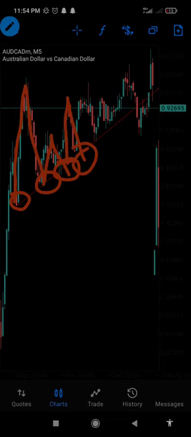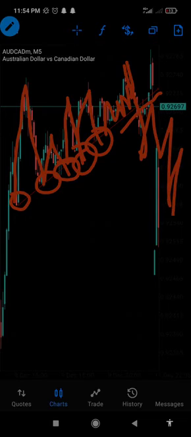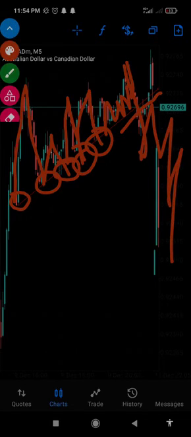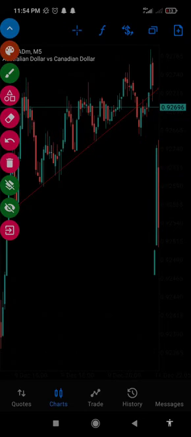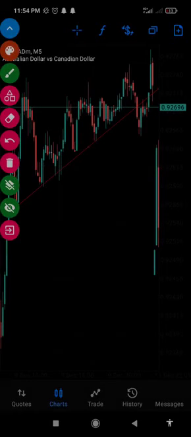Then it rallied here. Then what happened here? It breaks it. So in your mind now, you think price wants to do something like this. That is what you think. But no. See what price did.